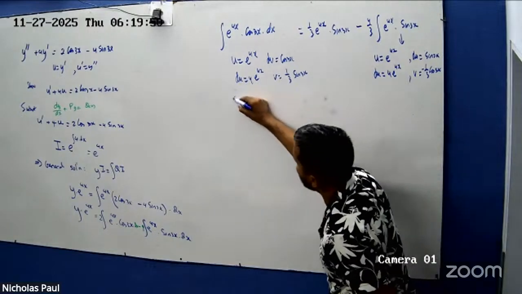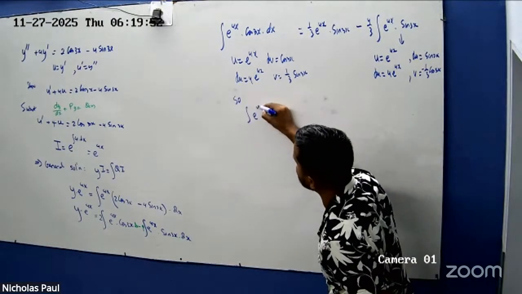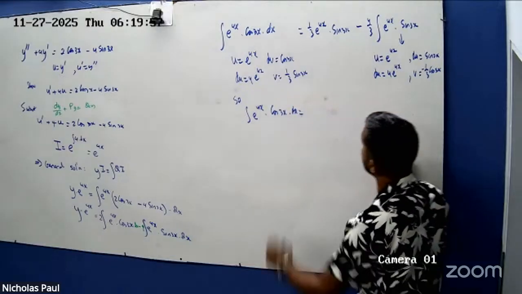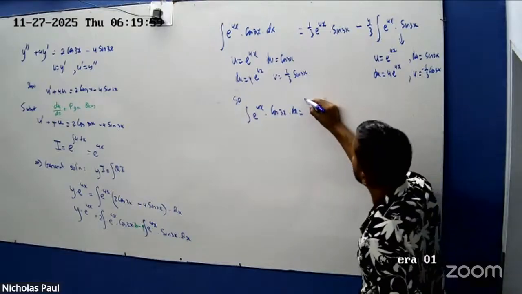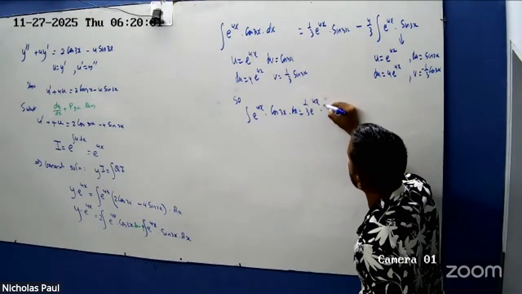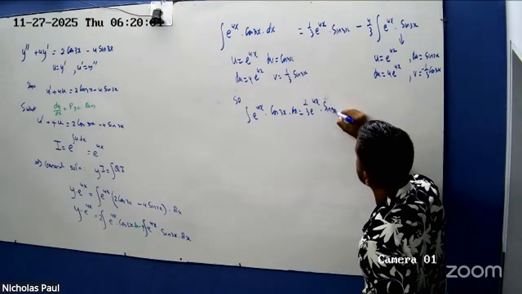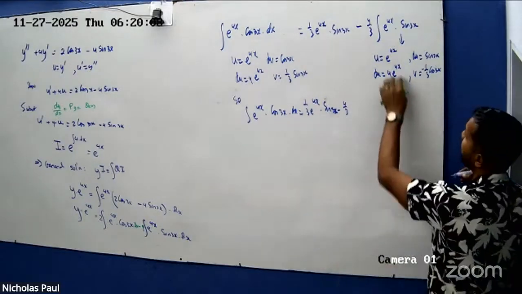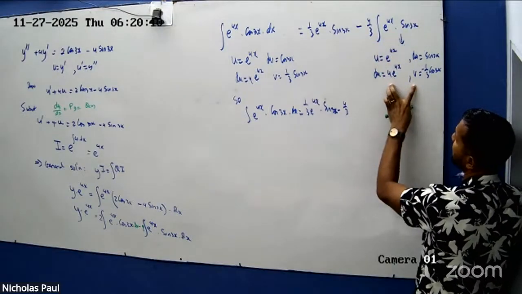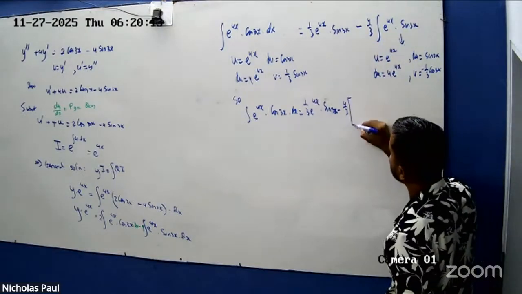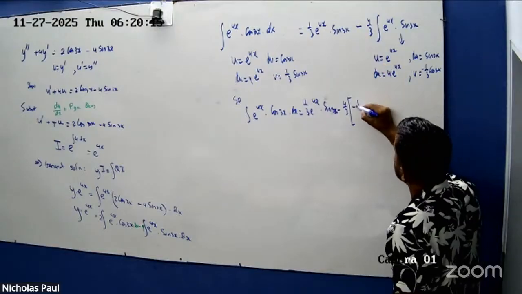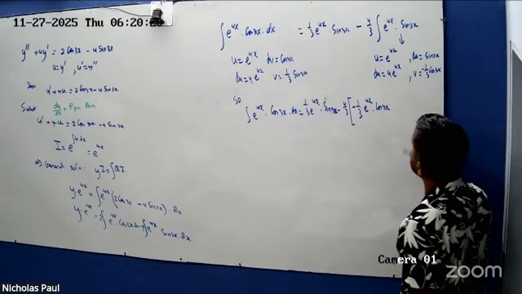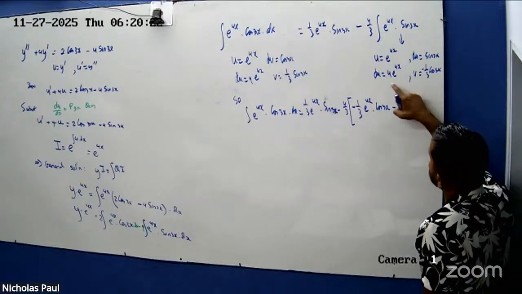Now we'll end up with the integral of e to the 4x dot cos 3x dot dx is equal to this: 1/3 e to the 4x dot sine 3x minus 4 on 3 by, I'm going to integrate this now, u by v minus 1/3 e to the 4x cos 3x minus the integral of this by this.